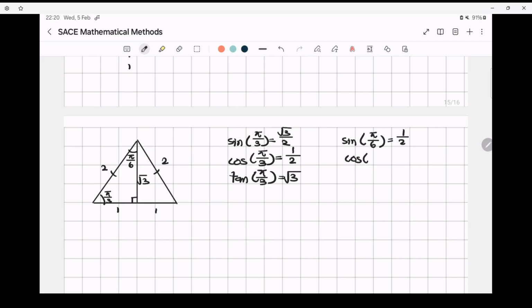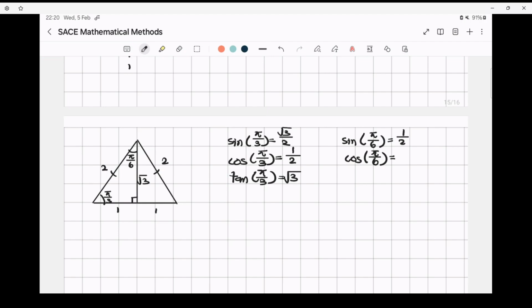Cos pi over 6, sorry, the reason why I need to keep this particular writing in a better way is because later on I might want to upload it into the Google Drive.